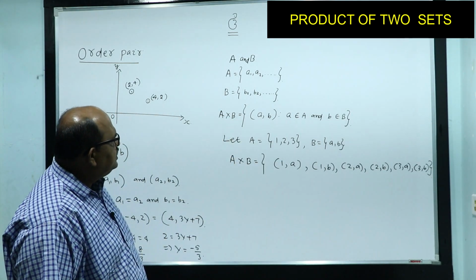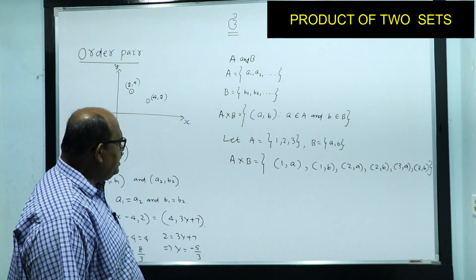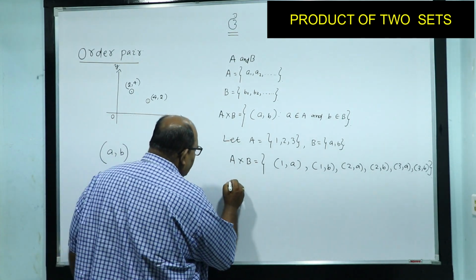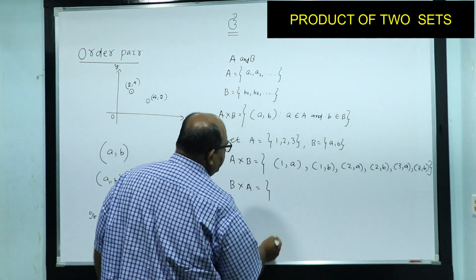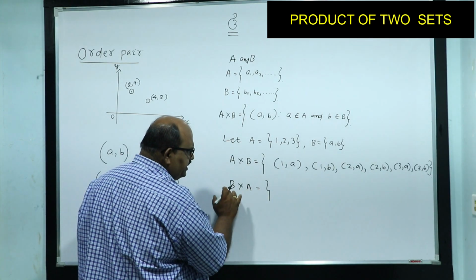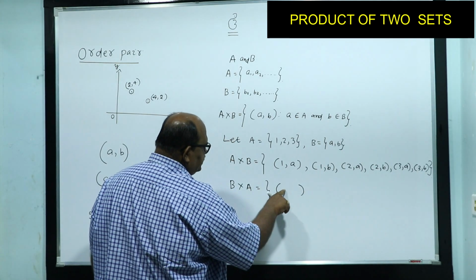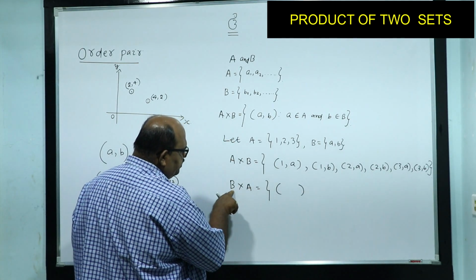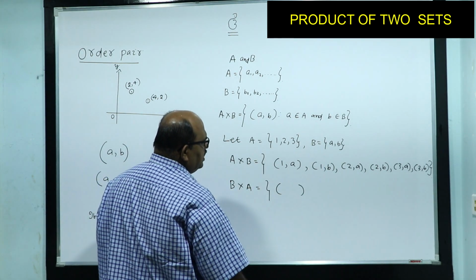Okay, students. Similarly, we can also find B into A. How much will we get for B into A? B into A is equal to, look, the order of the sets is changed. So, in the ordered pair, the first constituent will belong to set B and the second constituent will belong to set A. So, what will we get?